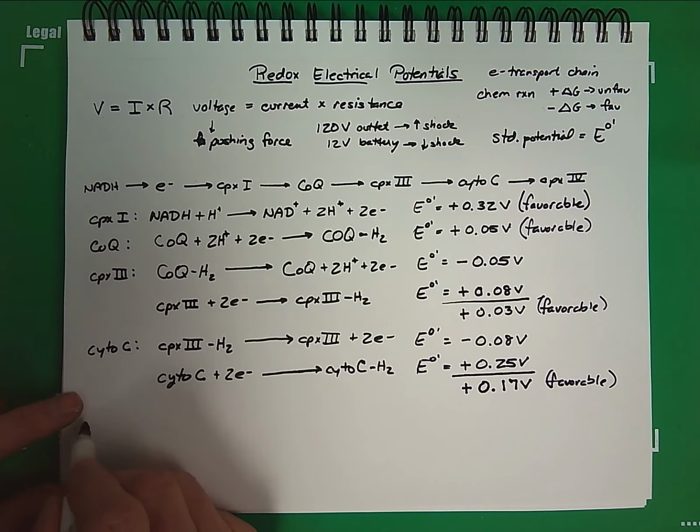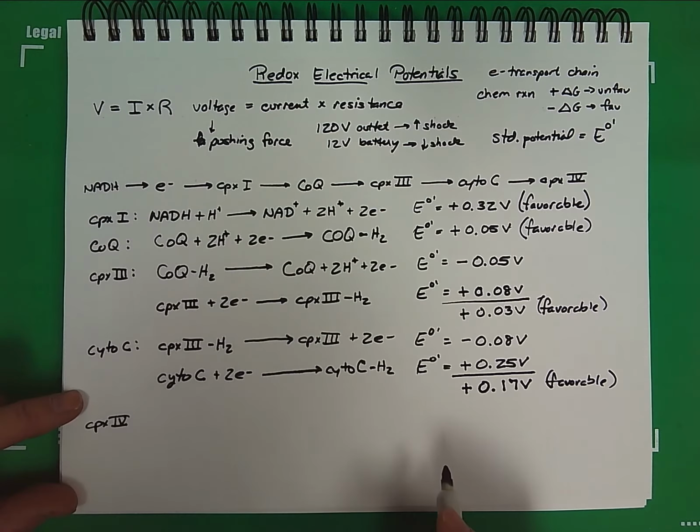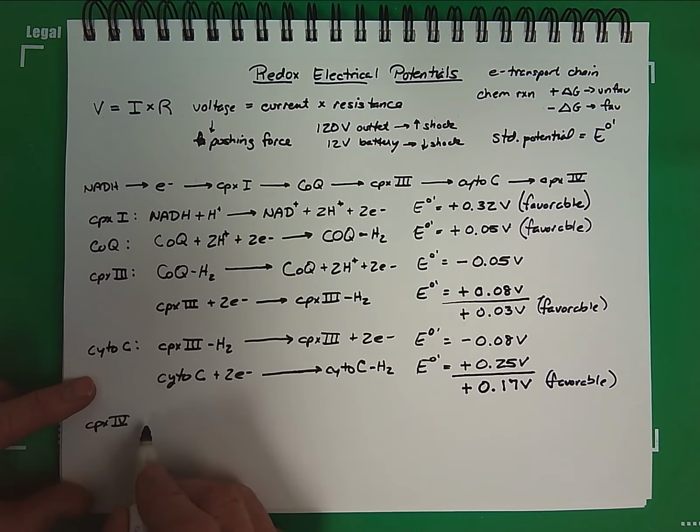Now our final step is the reduction of cytochrome C, sending our electrons to complex 4, which of course is going to put the electrons on water, on oxygen to make water.